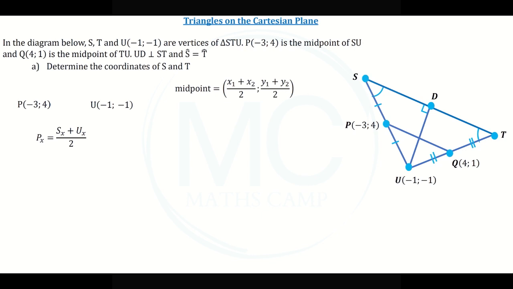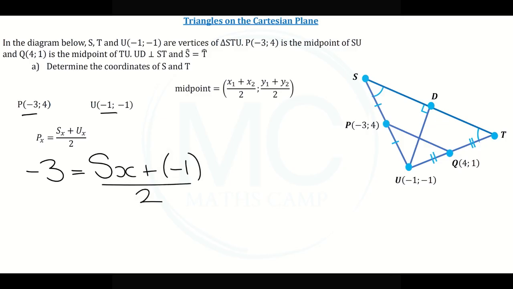The X coordinate of P is -3, so we say -3 is equal to SX, plus the X coordinate of U, -1, let's put this into a bracket, all over 2.